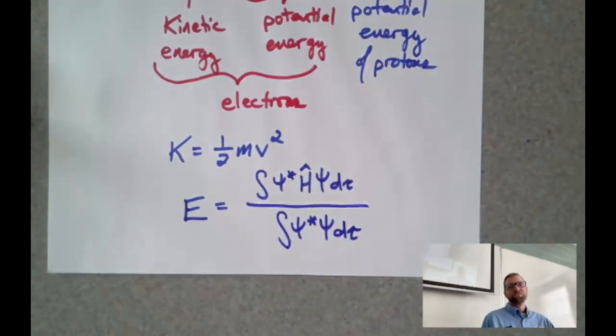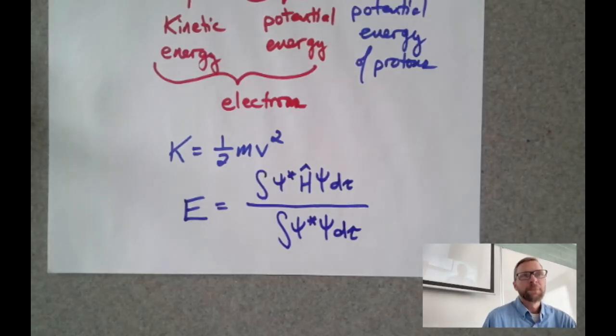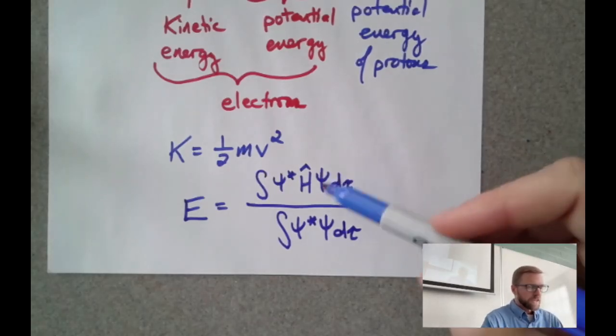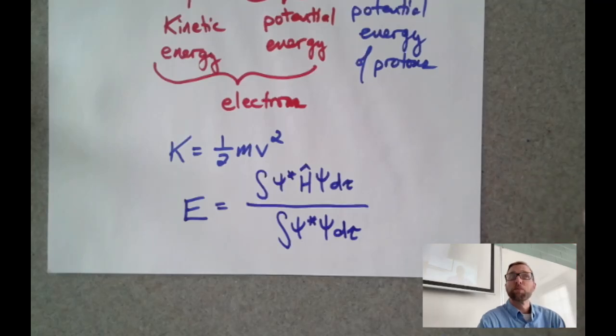This is not h bar. H hat is the Hamiltonian operator. And this is the energy for the variational method.